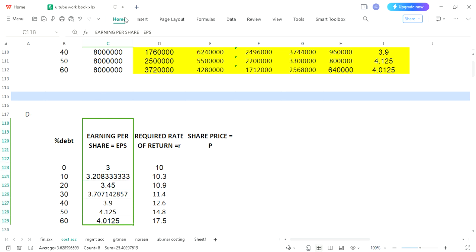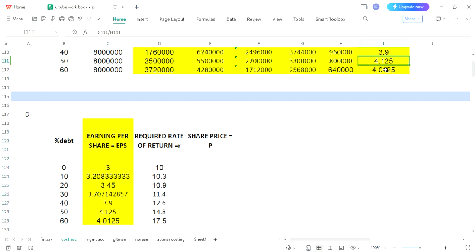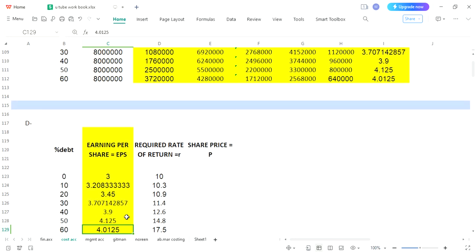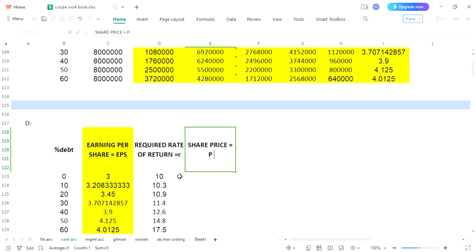And what we have done, taken those amounts from the previous column. This was the column for EPS, and we have taken all these headings as they are over here. So no effort was put into calculating, just copied the previous amounts. The required rate of return is given in your book, and now you can calculate your price.